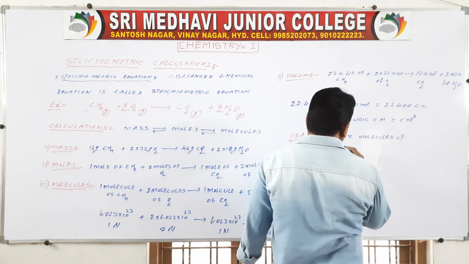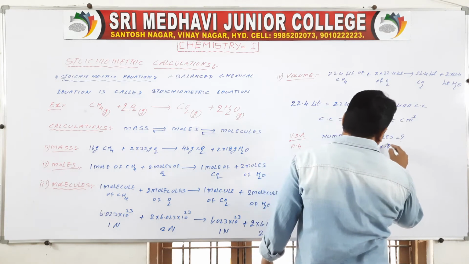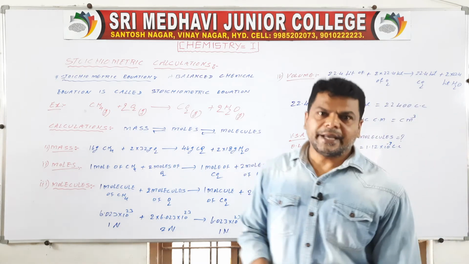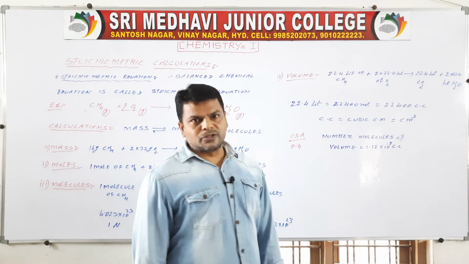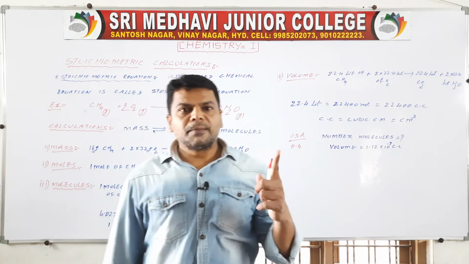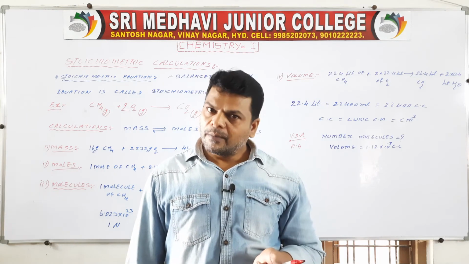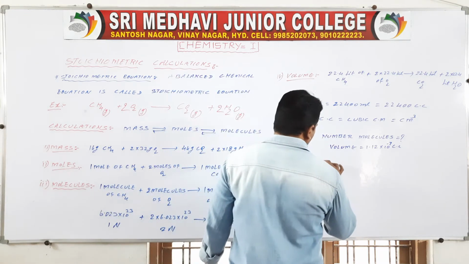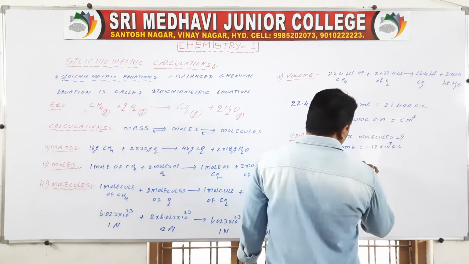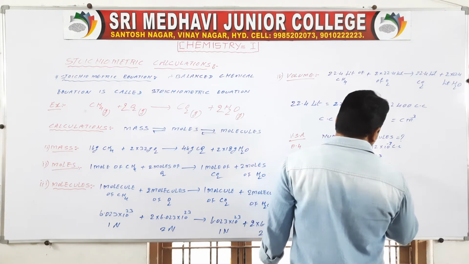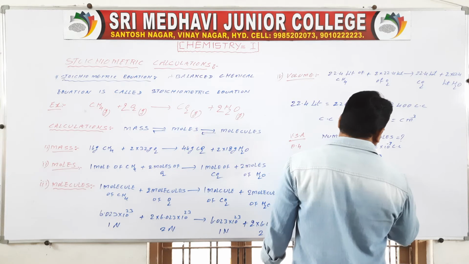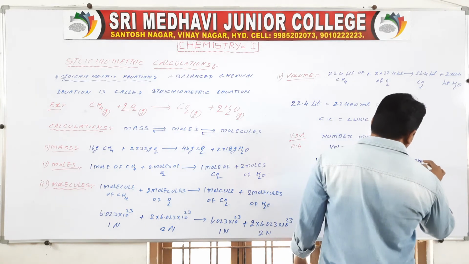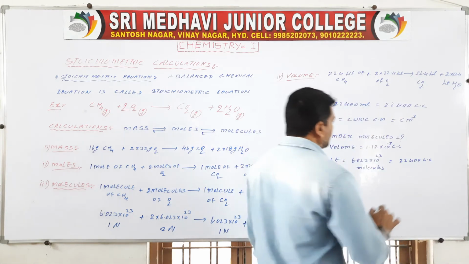So volume is given, 1.12 into 10 power minus 7 cc, and we have to calculate the number of molecules. 1 mole of any substance contains Avogadro number of molecules. 1 mole equals 6.023 into 10 power 23 molecules, which equals 22,400 cc of volume.